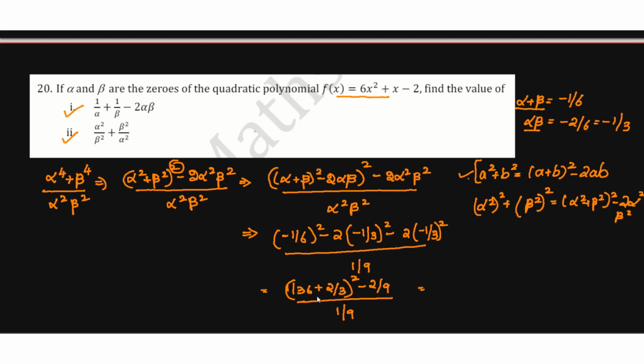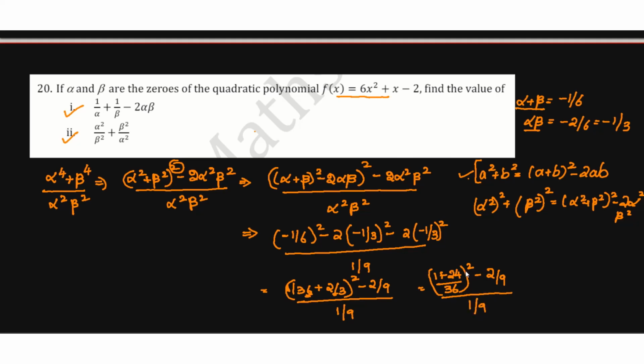So I'm going to take the LCM for 36 and 3. So it is 36 only. 1 plus 24 whole square minus 2 by 9 by 1 by 9.